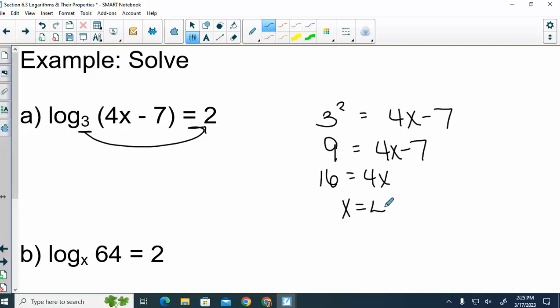Divide by 4, so we get x equals 4. You do need to check on these. Both the base and the argument have to be positive. If you get a negative for either of those, you have to say no solution. So just a quick check, if I plug 4 in, 16 minus 7 is positive, so it's all good.